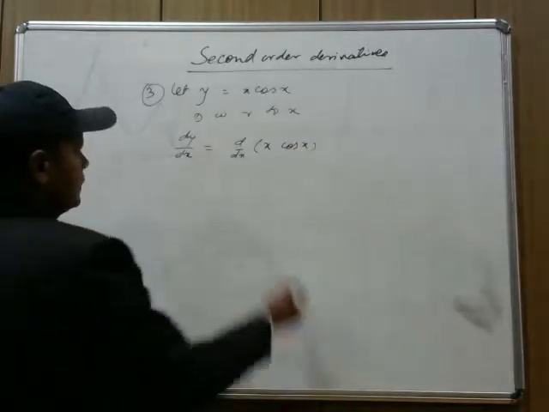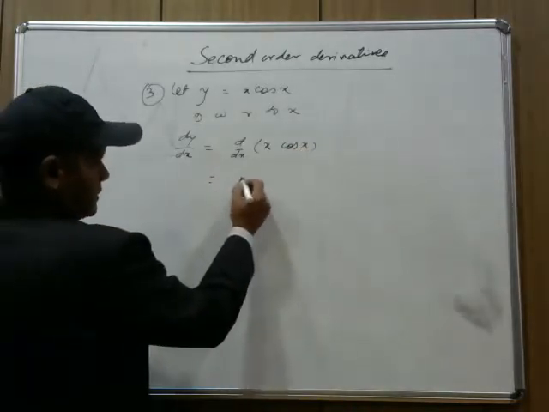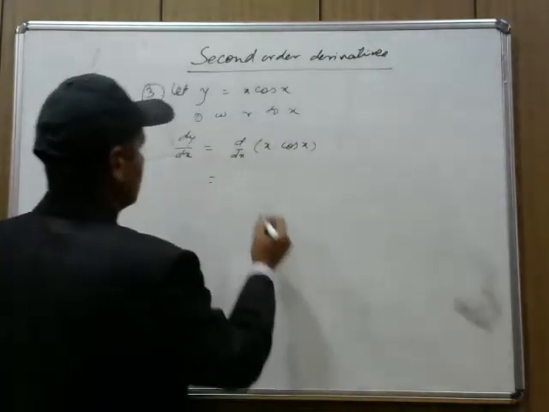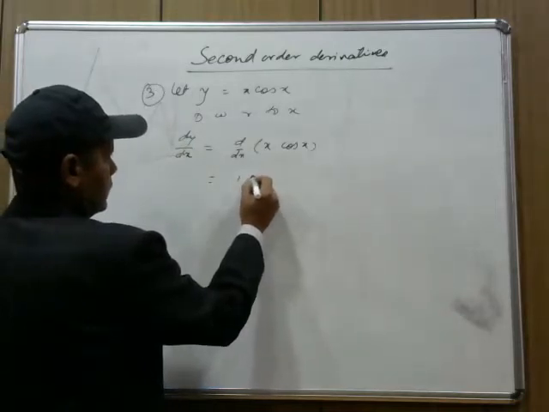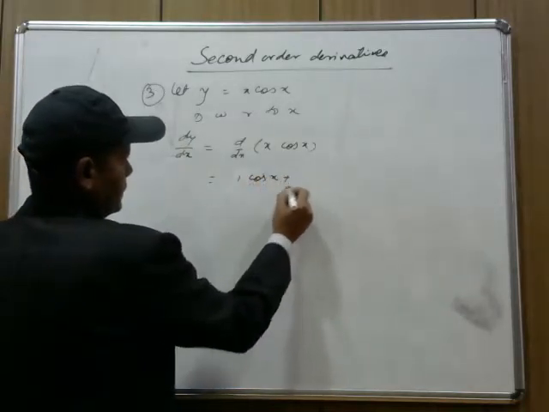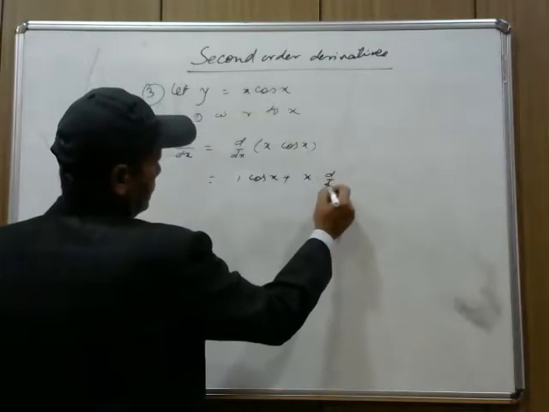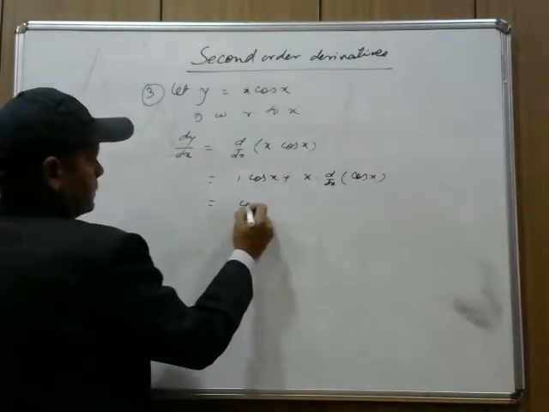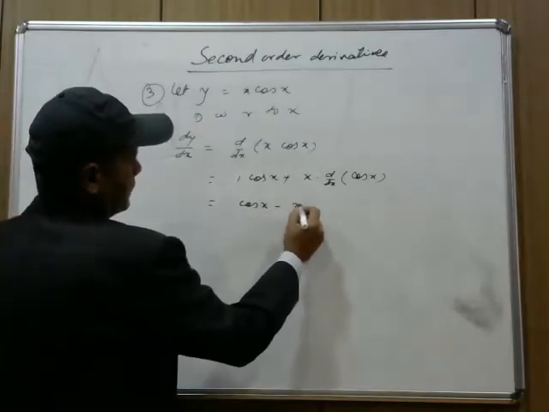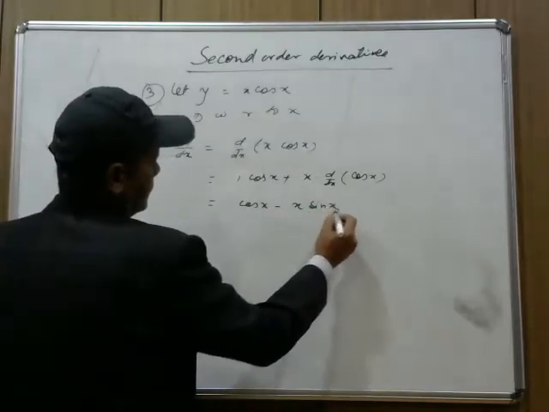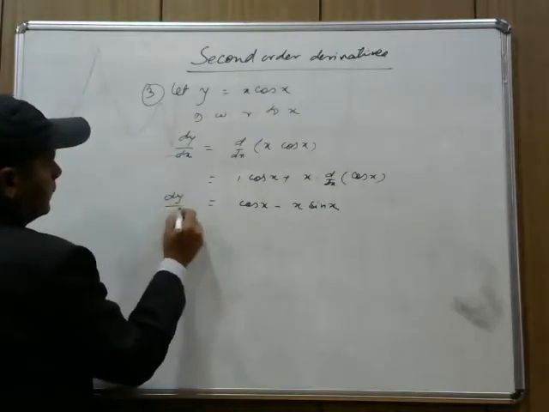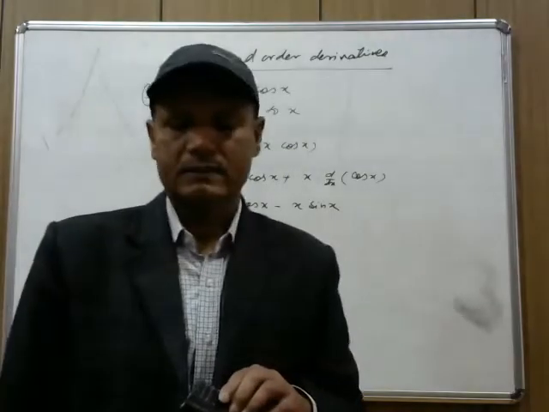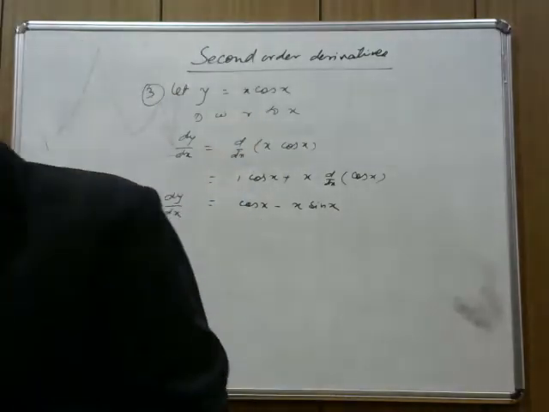Now this is equal to differentiation of x, which is 1, into cos x, plus x into differentiation of cos x. That means cos x minus x sin x. This is the value of dy by dx. dy by dx is equal to cos x minus x sin x, right?